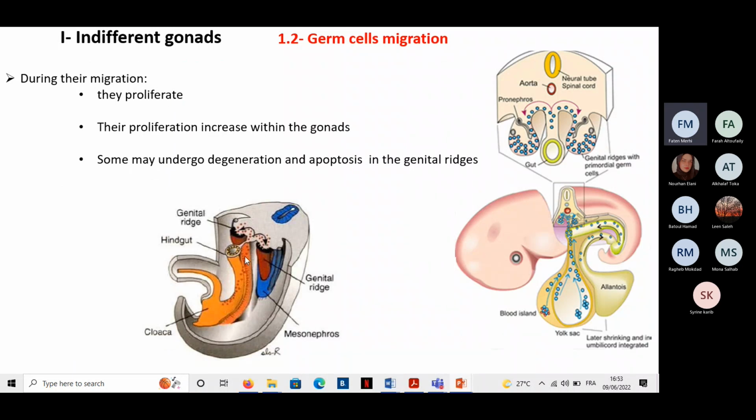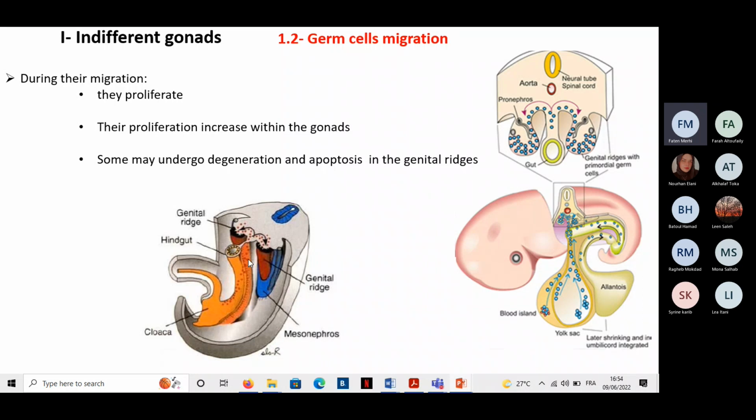While they are migrating, they proliferate. They will be proliferating, and when they reach the genital ridges, they will keep on dividing. So while they are migrating, they divide and proliferate, and they keep on dividing also when they arrive in the genital ridges.